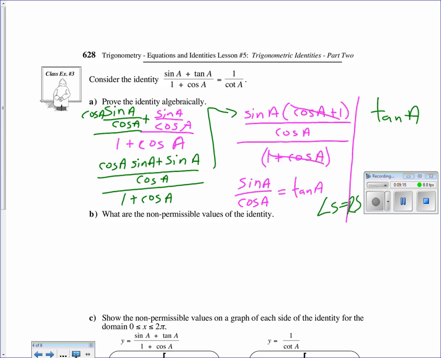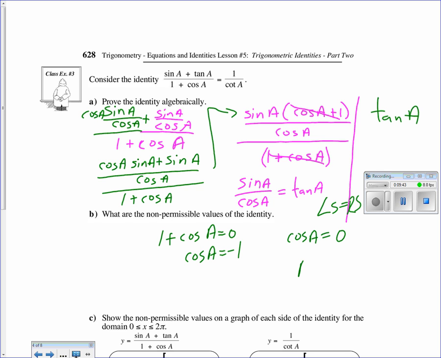When am I going to have troubles? I'm going to have troubles when 1 plus cosine A equals 0. So that's when cosine A equals -1. I'm also going to have troubles when 1 over cotan A, because that's living in a denominator, I'm going to have troubles with that one when cosine A is equal to 0.